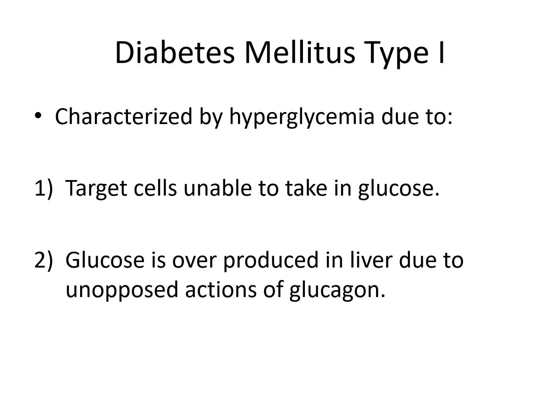It's characterized by hyperglycemia due to target cells being unable to take in glucose, and glucose is overproduced in the liver due to unopposed action of glucagon.